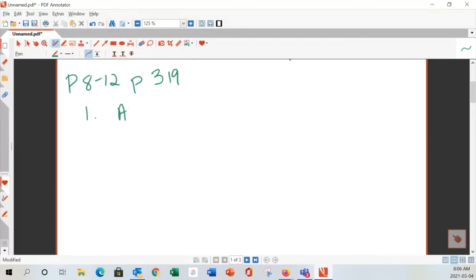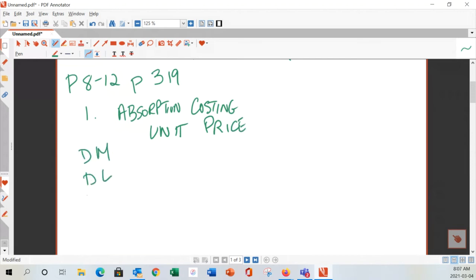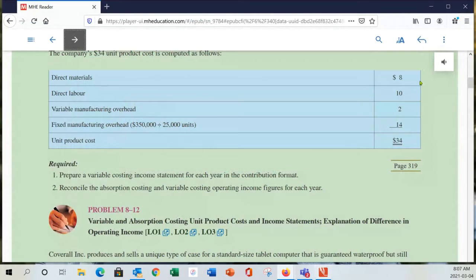So we have direct material, direct labor, variable overhead, and fixed overhead, because of course absorption includes the fixed manufacturing overhead.